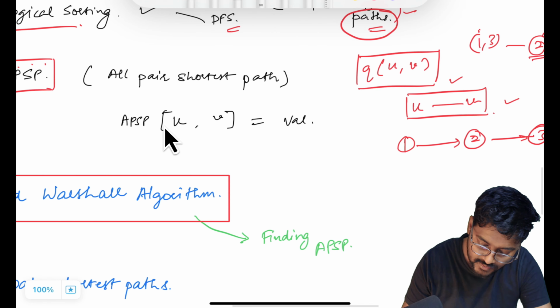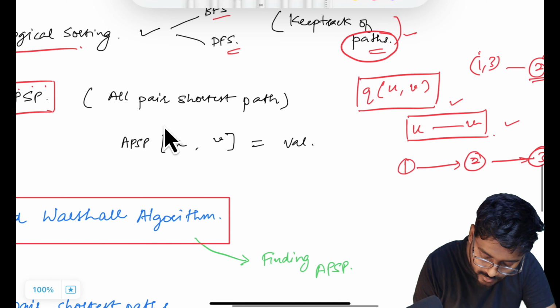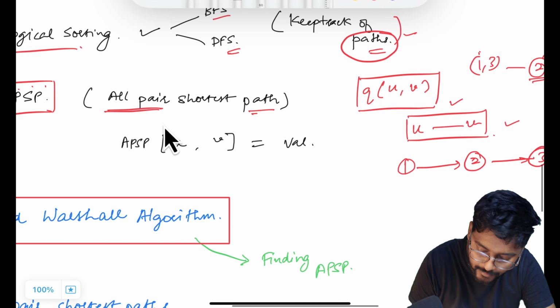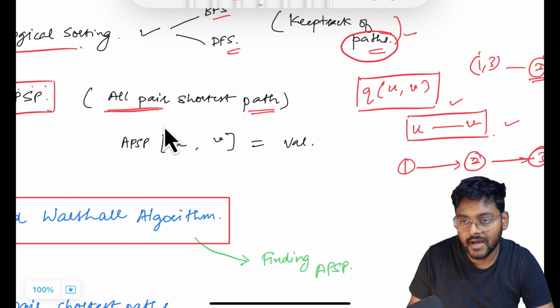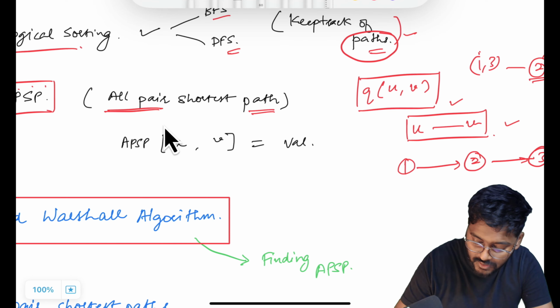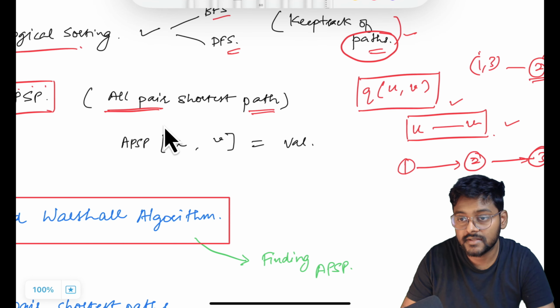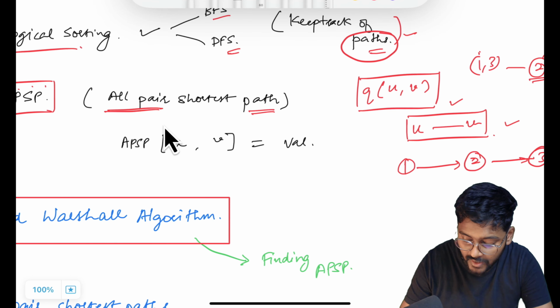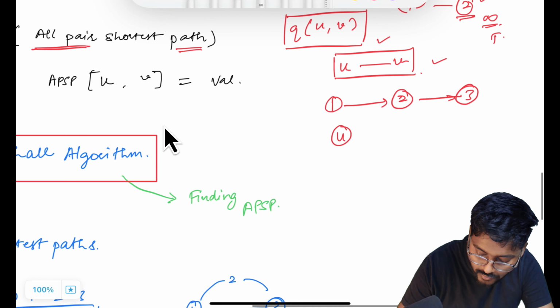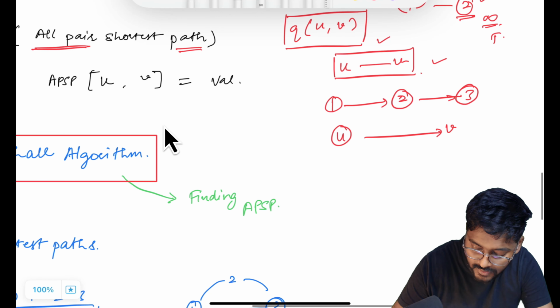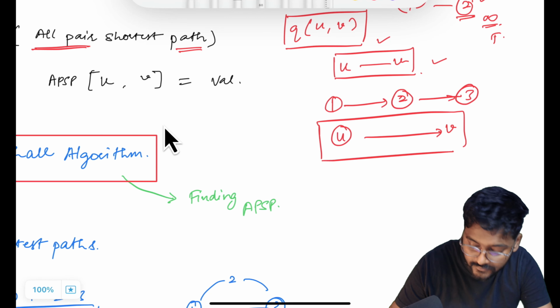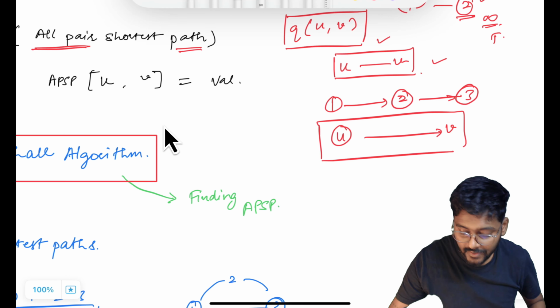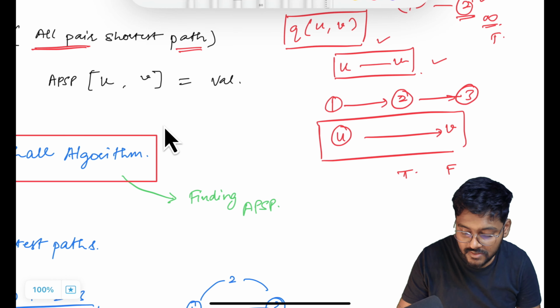So if somehow we are able to get all pair path, we will be able to answer our query. Our query is from U to V, whether there is an edge or not. If there is a path starting from U and going till V, we can directly tell whether this query is true or false.